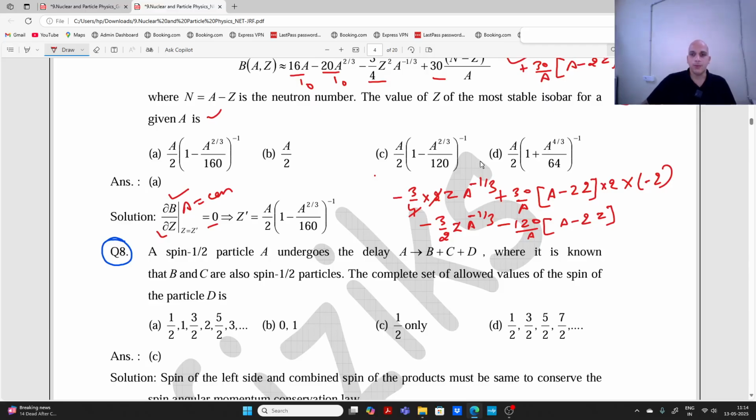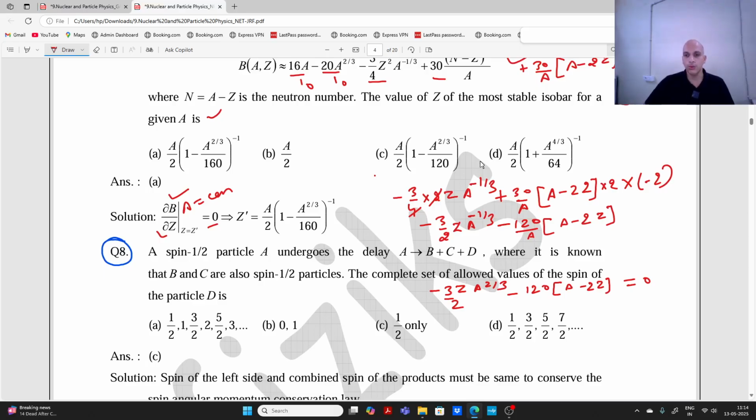I will get, when I will multiply, minus 3 into z a power 2 by 3, right, divided by 2 minus 120, right, into a minus 2z is equal to 0, because I take a as common, multiply here, and then I equated it equal to 0.